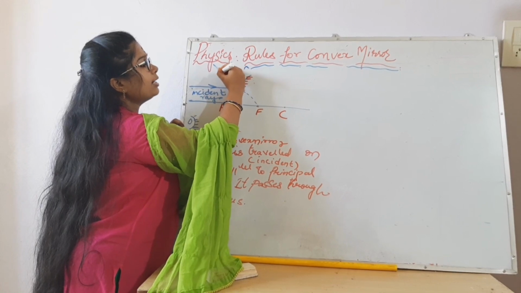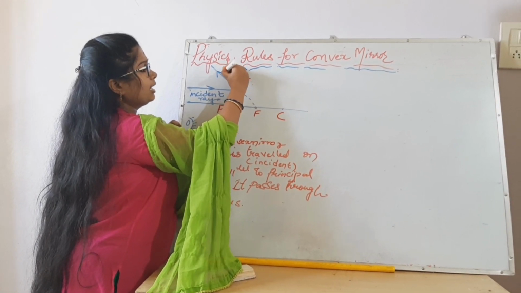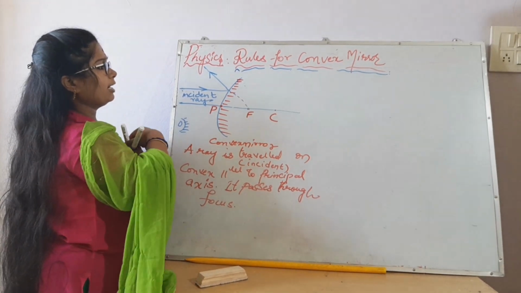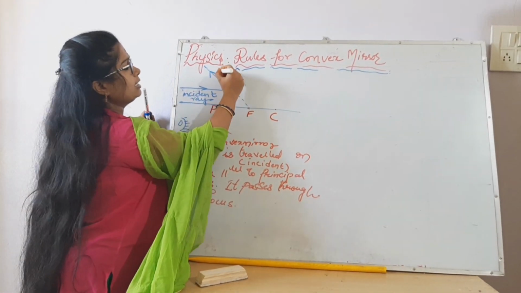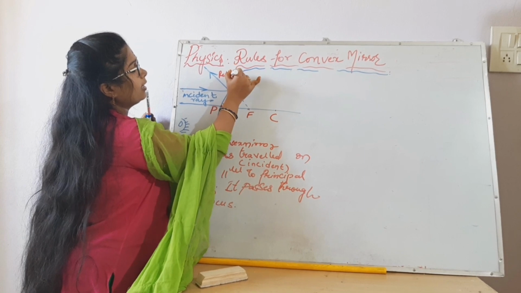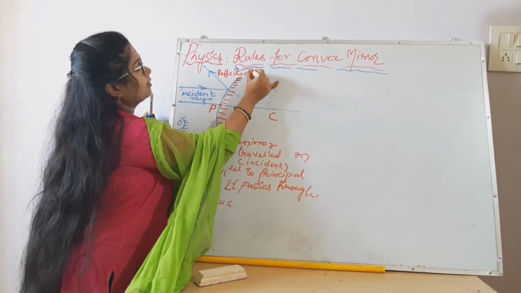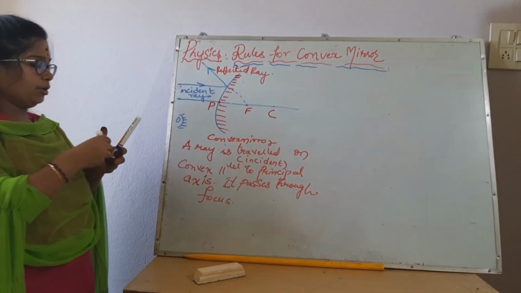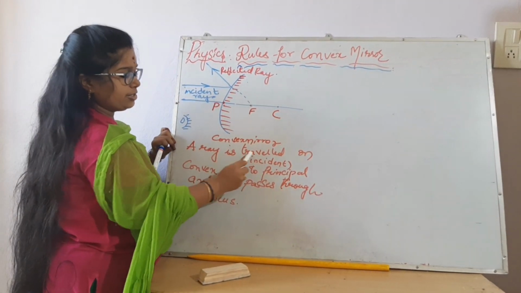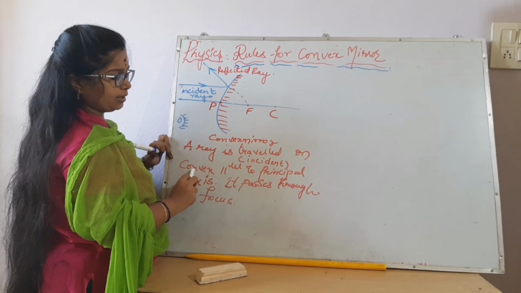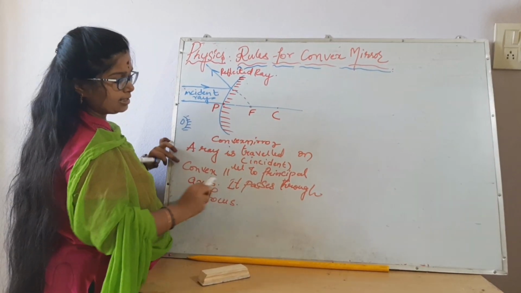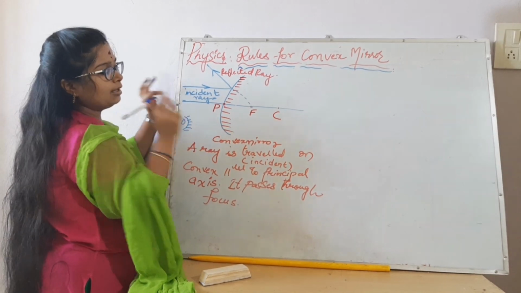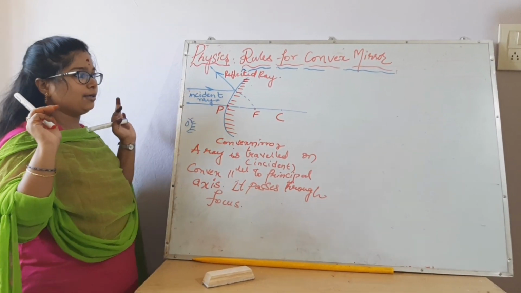This will be your reflected ray. It is coming out like this, isn't it? Mostly we don't use it, but you should know it. A ray incident on a convex mirror parallel to the principal axis seems to be passing through the focus. I hope you are clear with this.